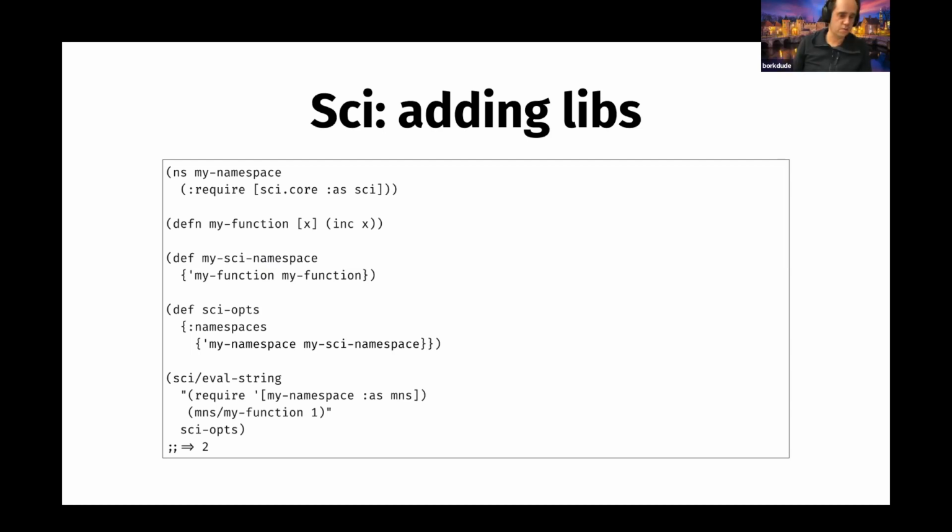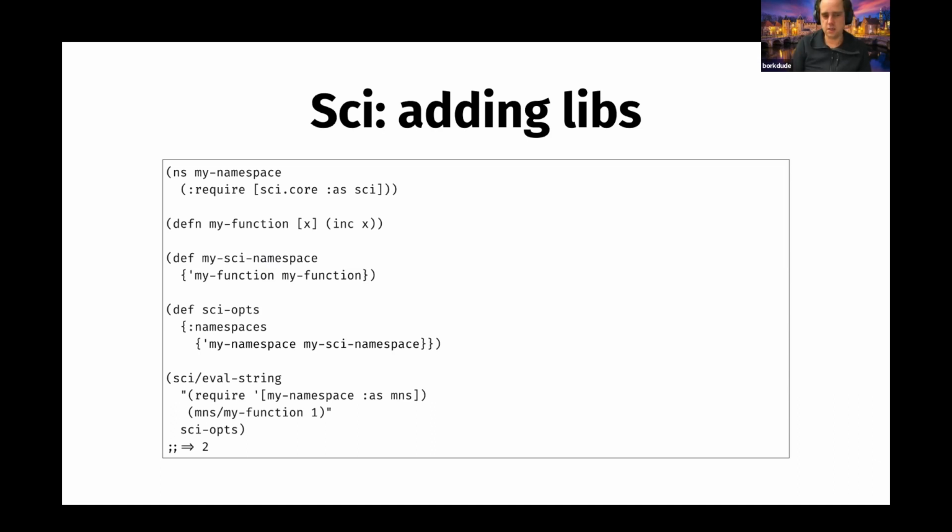So what you can do is you make a hash map with a symbol my function, and then you expose my function as the corresponding value, and then you define the Sci options, and it has an option called namespaces where you provide all the namespaces that you want to expose. And when you do that, you can require that namespace by the name you exposed it with, evaluate a string, and then you can execute that function. So this is the most basic setup.